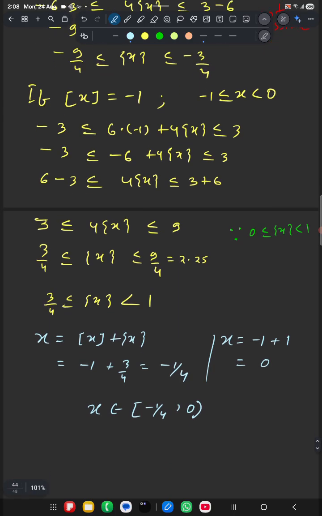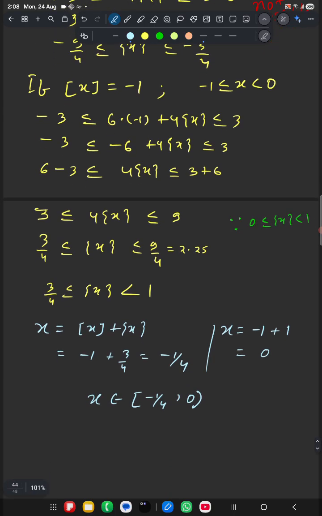Now we will check for x with greatest integer value equal to minus 2. See, if the greatest integer value is minus 2, then what happens, whether there is a break or not. This case happens when x is lying between minus 2 and minus 1.